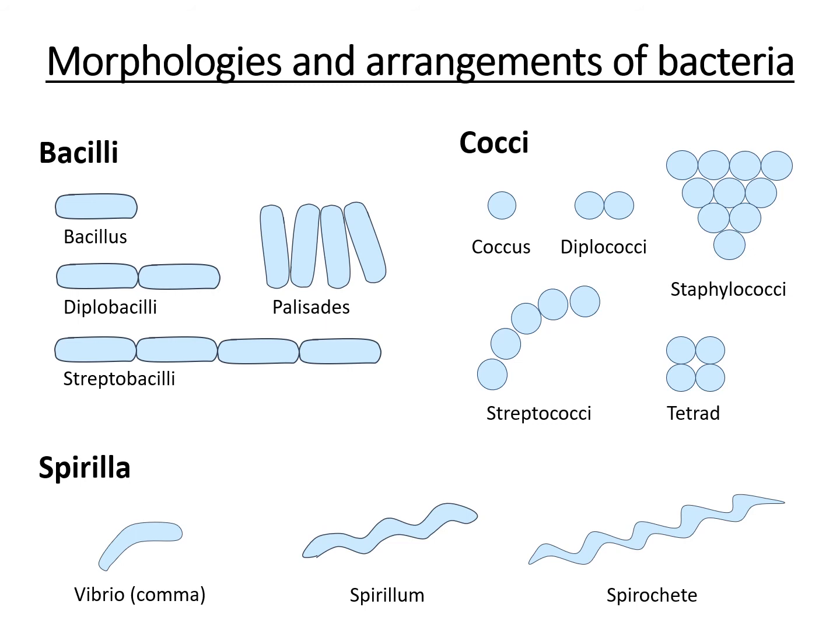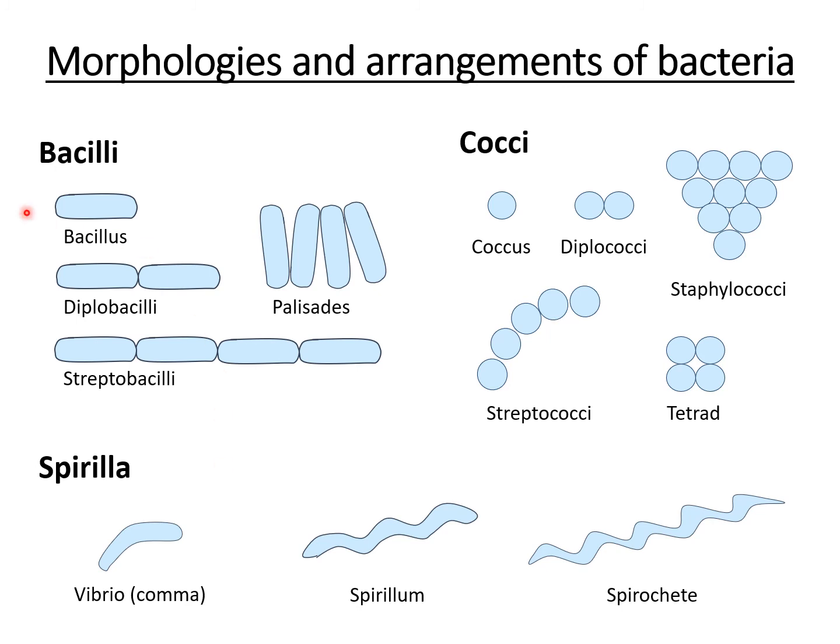Now, right here, we're just going to introduce some of the morphologies or shapes of the bacteria and their arrangement. We're going to see multiple pictures later on, but let's go ahead and introduce some of the shapes that you're going to see.